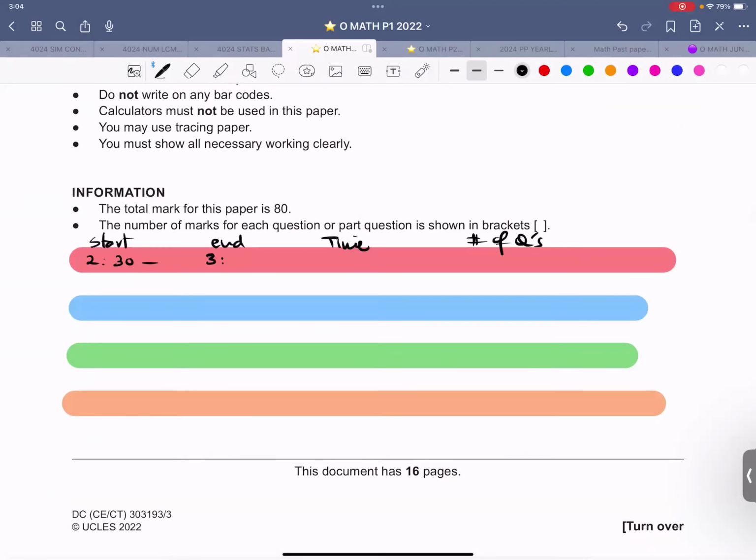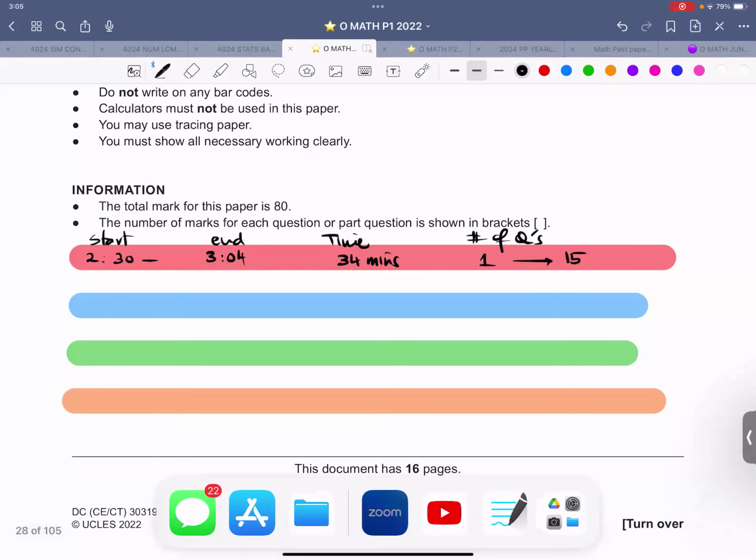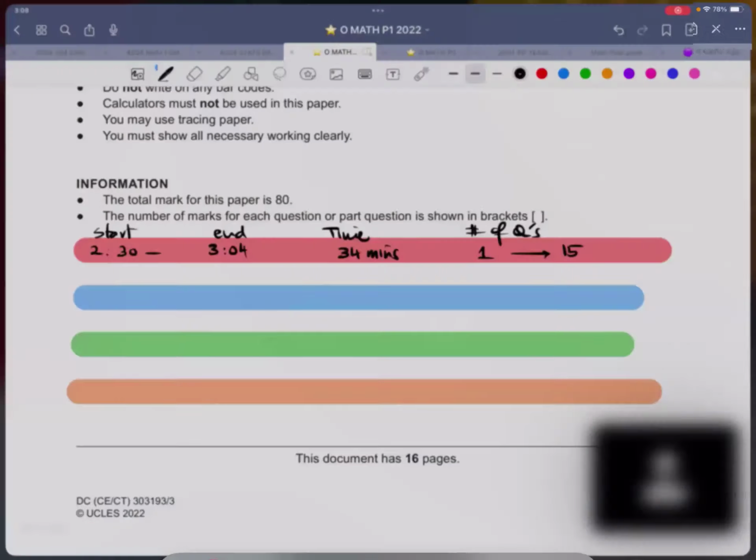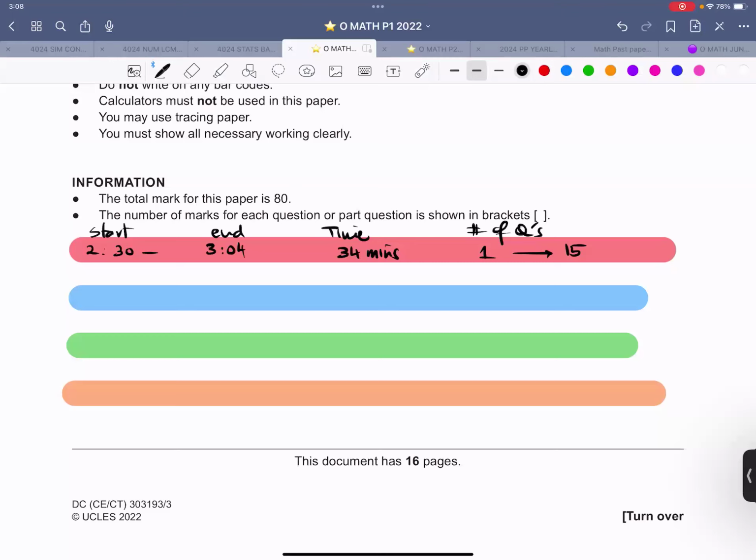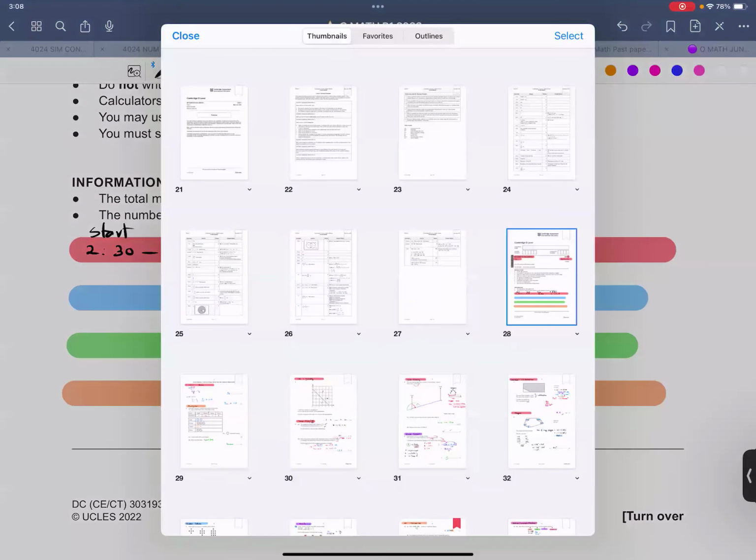This is 3:04. The time taken is 34 minutes. And I have solved question 1 till 15. I've solved 15 questions. So now let me pause the recording. So now 15 questions are done. Let's do the rest in one shot.